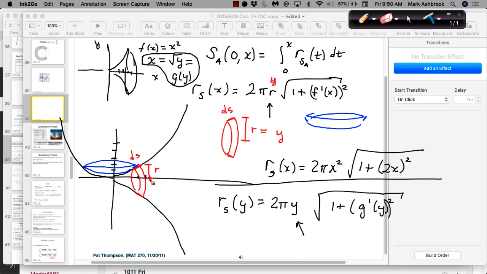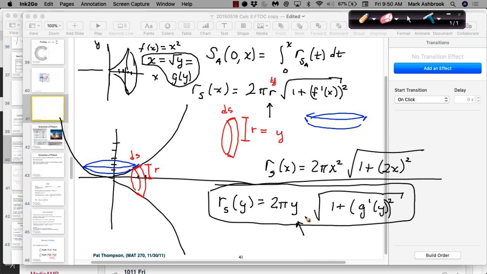It is the y coordinate, the radius, and we're writing it in terms of y, so we're done. So this would be the rate of change in terms of y, if we're generating the same surface as before, the Hershey's Kiss, but using delta y intervals. We use the same shells, the radius is still y, and in terms of y, you're done because y is in terms of y.